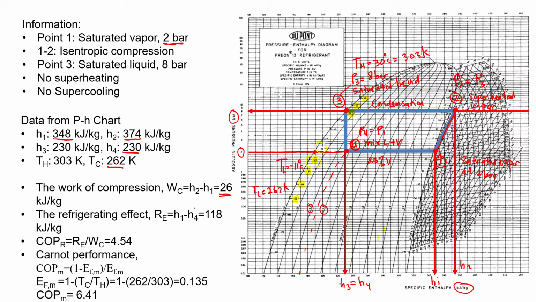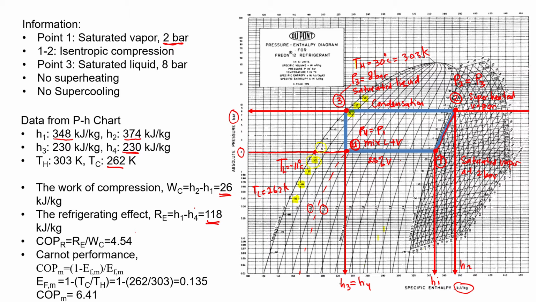So it is from 0.4 to 0.1, equal to H1 minus H4. H1 is 348, H4 is 230. So 348 minus 230 equal to 118.